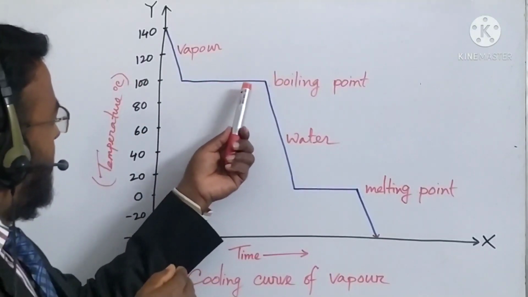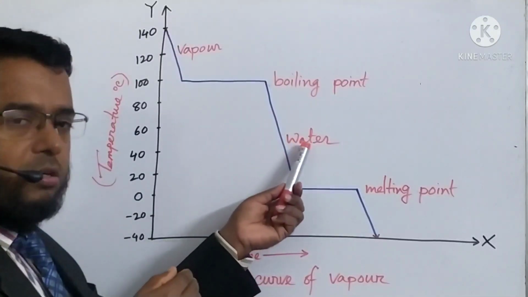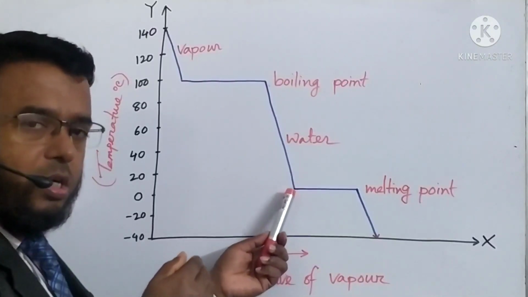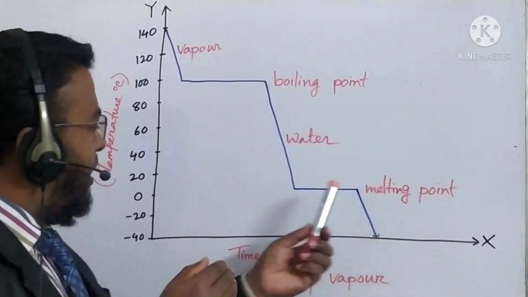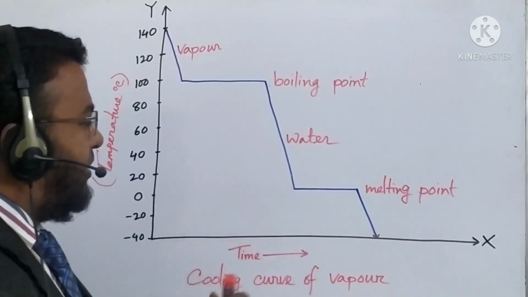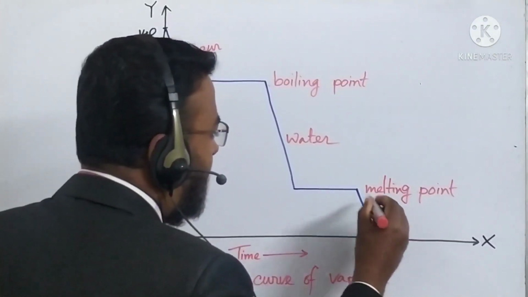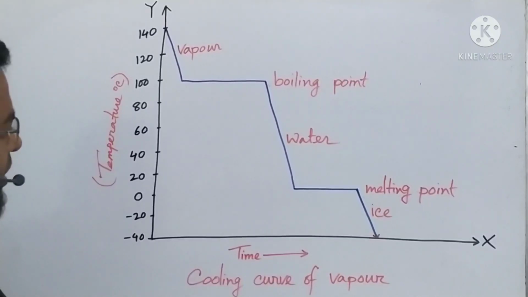Then from 100 to 0 degrees, this is the water condition, the liquid condition. When it comes down to 0 degrees Celsius, that is the melting point line, and after the melting point this condition is ice. Then minus 40 degrees Celsius is the last point.